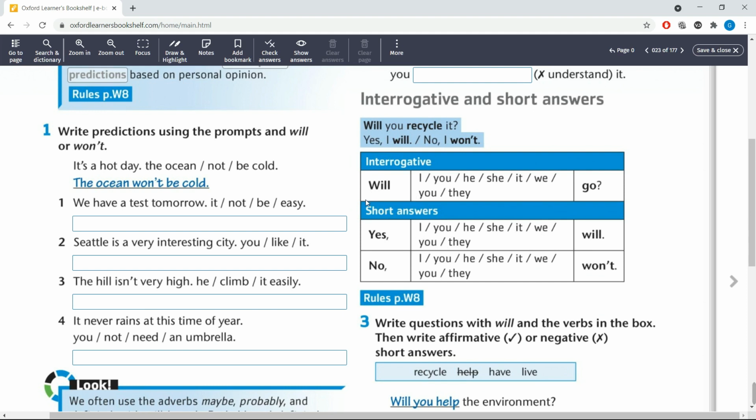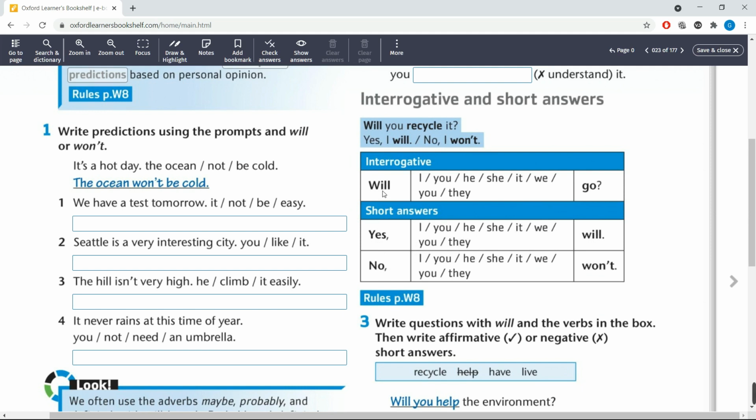Someone asks me. I say yes, I will. So I use yes, the subject, and then will. Okay? Will she go? Yes, she will. Will he go? Yes, he will. Will they go? Yes, they will.